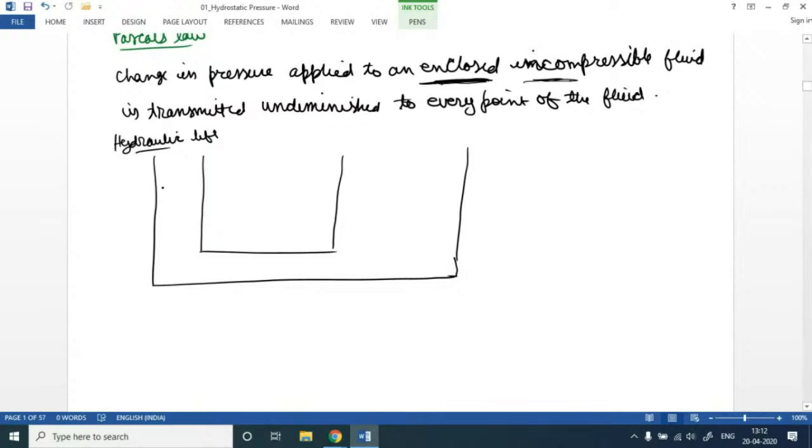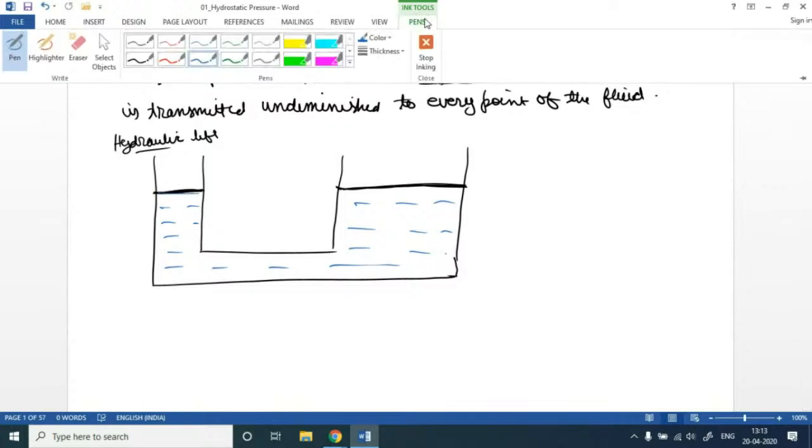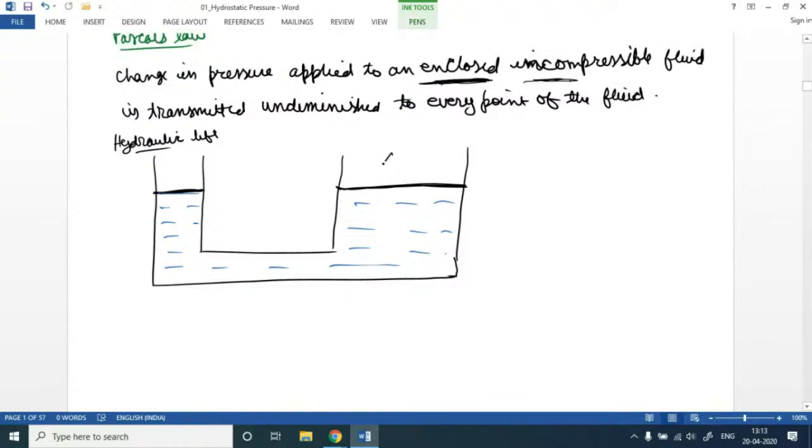So let's say there is one platform here, or one lever over here, and there is another platform at the same horizontal level, and some fluid is enclosed in between these two platforms. And here let's say we are having some heavy object, some car, which we want to lift using our simple muscular power.